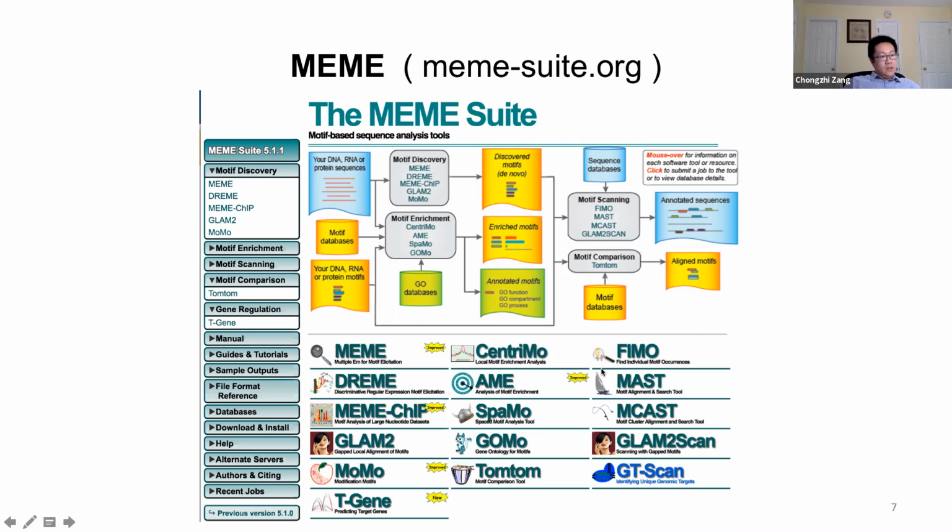For example, FIMO is a tool to scan: if we have a PWM, a known motif, it can tell you, from the bunch of input sequences, which positions or locations have that motif enriched. So, for example, if we have ChIP-seq peaks, we want to know in each peak region where our motif of interest is located. So we can use FIMO.